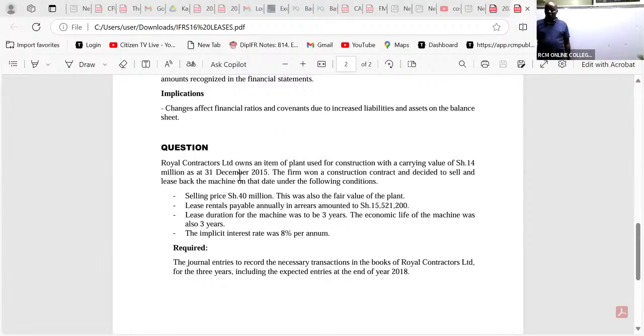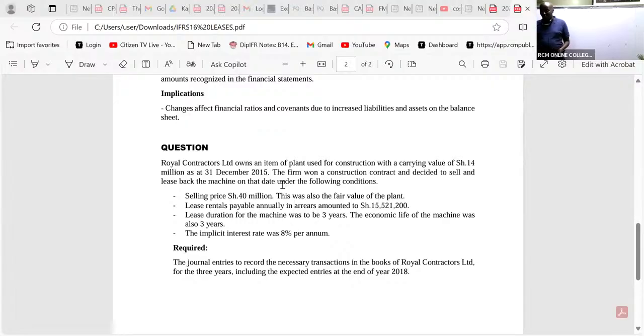So Royal Contractors Limited owns an item of land used for construction with a carrying value of 14 million as at 31st December 2015. The firm won a construction contract and decided to sell and lease back the machine on that date under the following conditions.